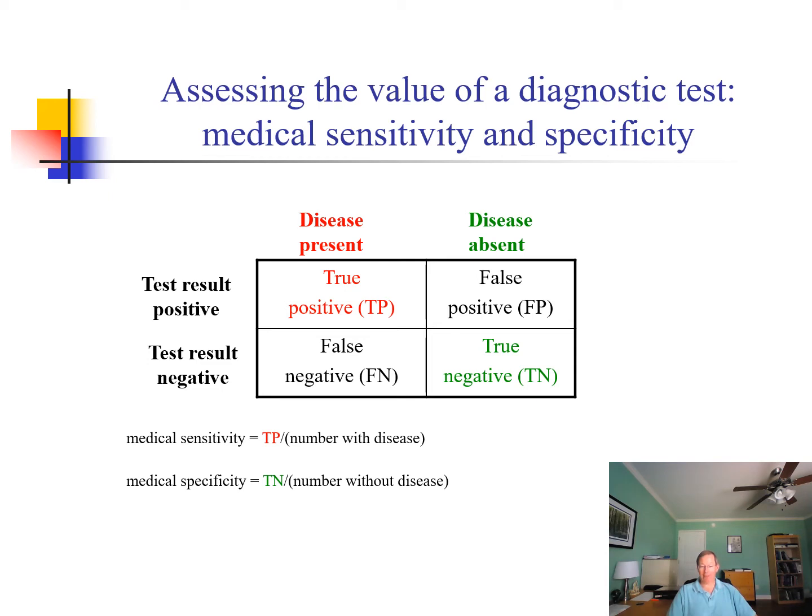I can have a test result being positive when I don't have the disease. That's a false positive result. And I can have a negative result when the disease is actually present. That's a false negative. So we define medical sensitivity as the true positives over the total number of people with disease, and the medical specificity as the true negatives over the number of people without the disease.